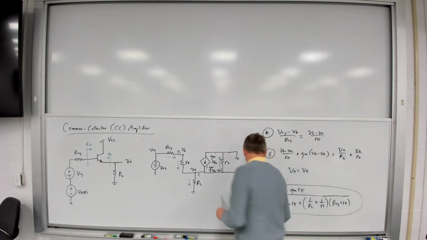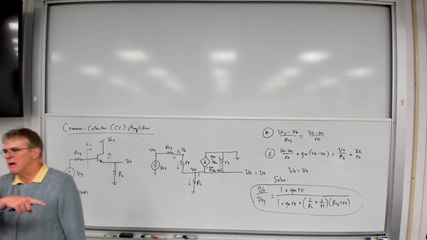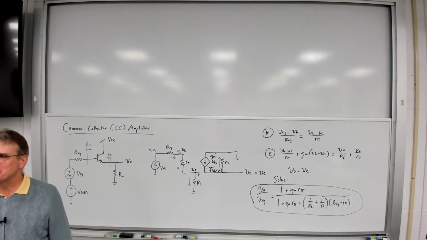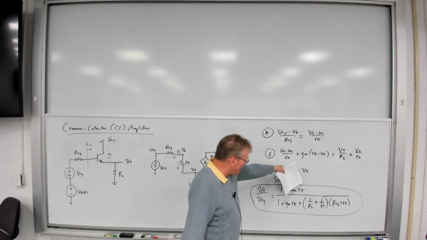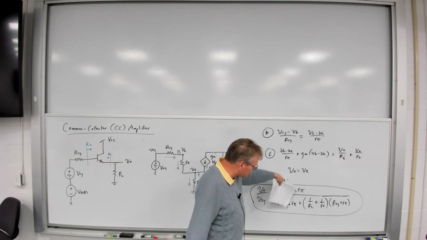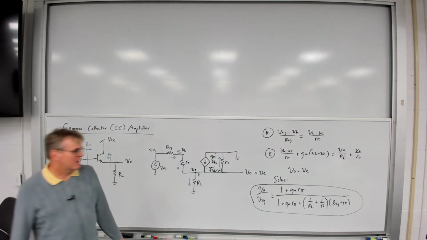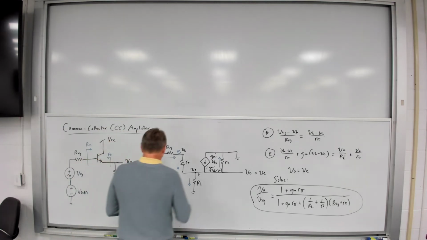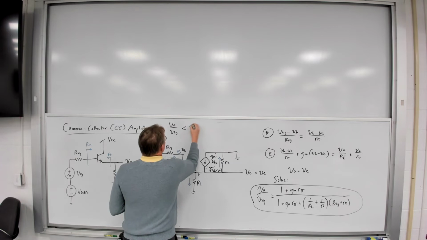What do we note about the gain magnitude from that equation, regardless of the values? What do I know must be true? It's got to be less than 1, right? 1 plus GMR pi is certainly going to be less than 1 plus GMR pi plus the additional terms in the denominator. And so clearly, V over V sig must be less than 1.